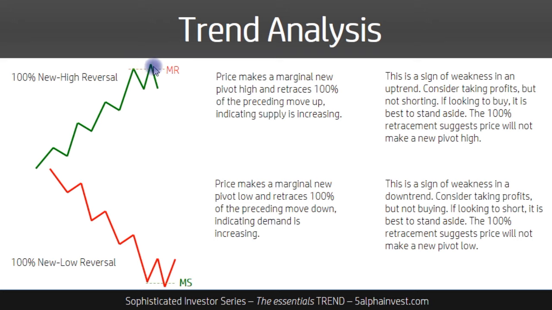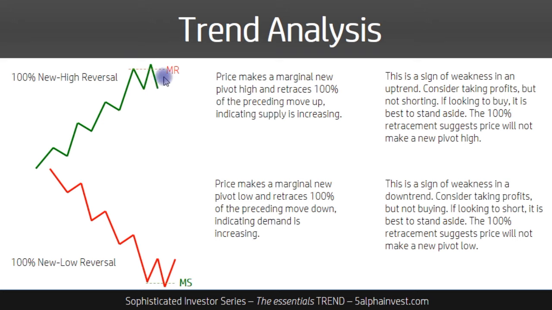Okay, so that 100% retracement indicates that the supply is beginning to overwhelm demand. So we're looking at changes in supply and demand. Here we have clearly demand is in control, the buyers are in control, and when the stock reaches this particular price point, we see the sellers come in and the sellers drive price down 100% of the most recent leg to the upside.